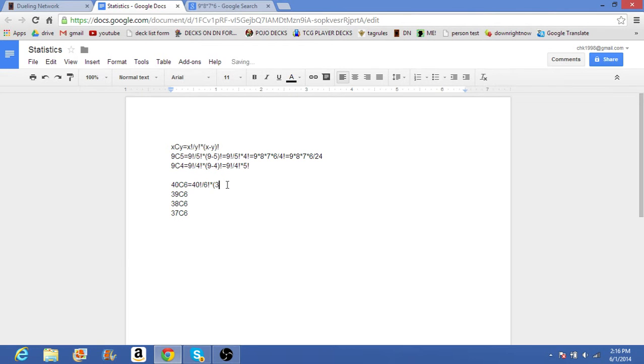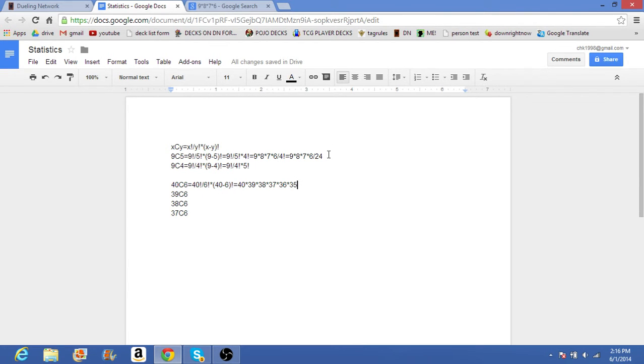This is a slightly tedious part, but we get the math done. This is going to equal times 34 factorial, so it's going to be 40 times 39 times 38 times 37 times 36 times 35, because 40 minus 6 comes to 34, and we remove that.